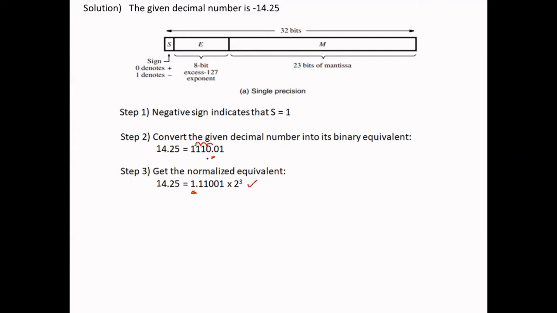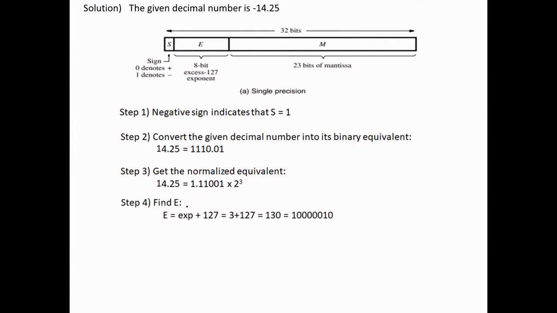When you move this way, the exponent increases. So 3 places we moved left, so 2 power 3 we need to take. This is the third point.